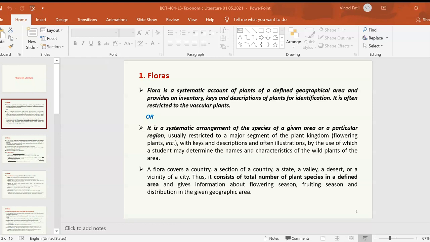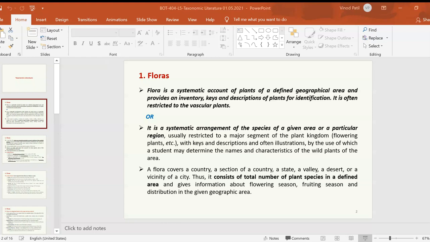Many times this flora, though we use it in concern with the angiosperms, dicots and monocots, preferably spermatophytes, and again with the flowering plants. But nowadays, floras of other living plants are also available, but those are very few in number.